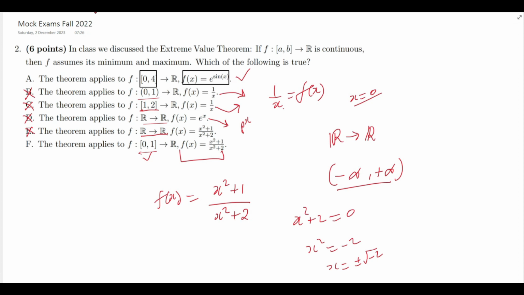That's an easy way to verify if a vertical asymptote exists. In this case, it doesn't exist, therefore it's a continuous function, and this is a rational function, and we can draw this function without removing our hand from the plane. So that's a simple way in which you can verify if the theorem applies to a function or not.